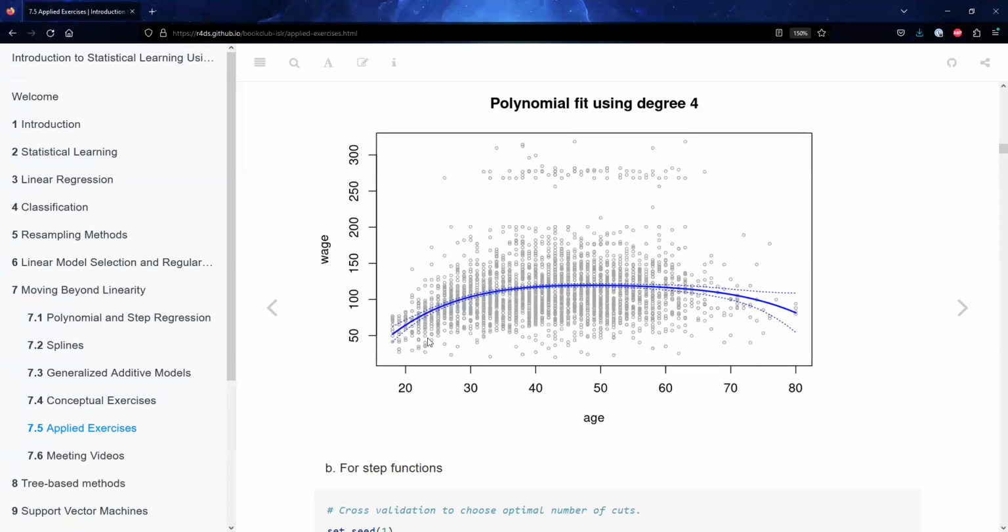This was some of the behavior that we looked at last week. In the data, the younger people and the older people, for various reasons, tend to make less money. And a lot of outliers for the middle-aged people.